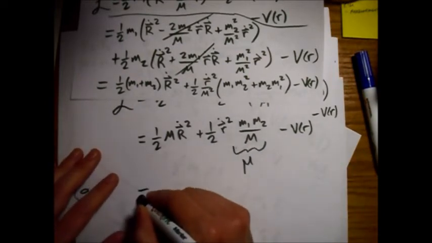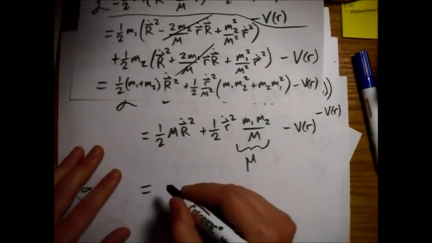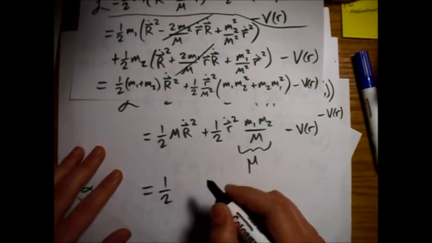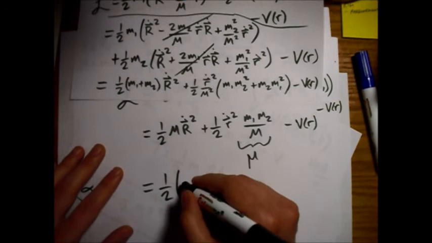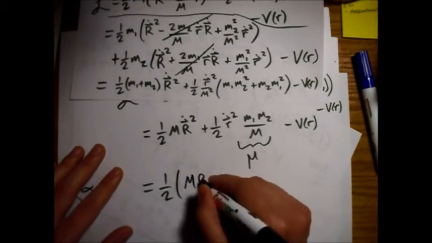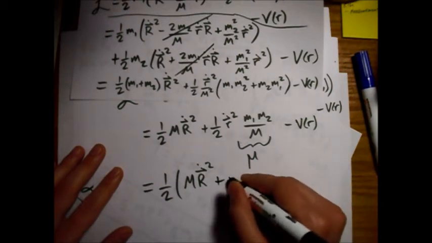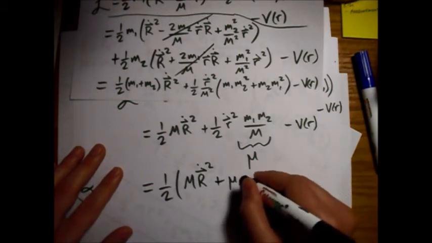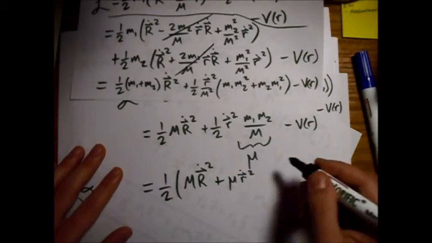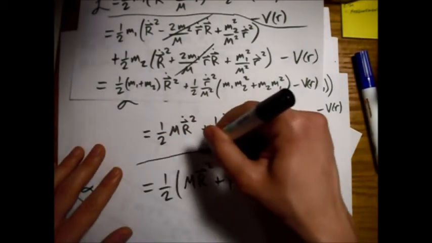All right, so if we factor out this 1/2, we can have big M, big R, plus the reduced mass, minus the bar. Oh, that's so terrible.